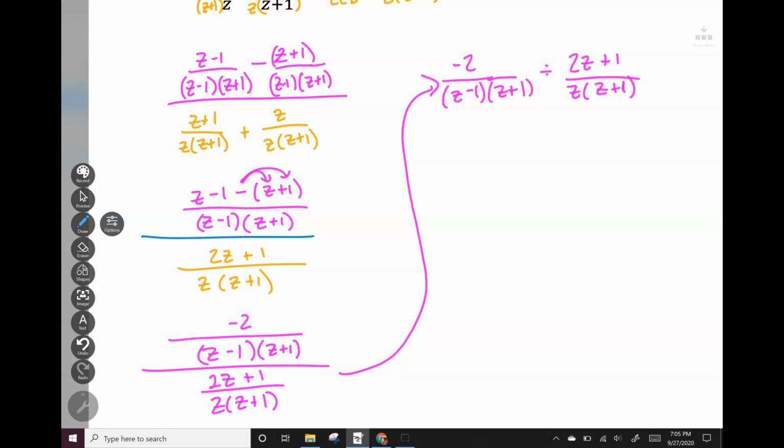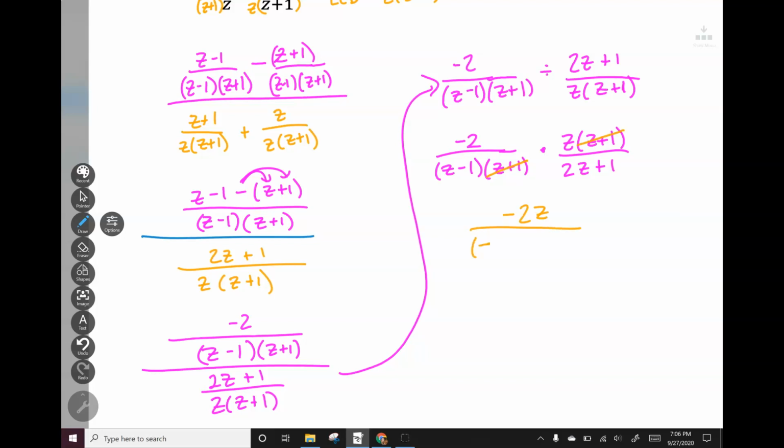We'll flip the second fraction and change it to multiplication, so times z times z plus 1 over 2z plus 1. Now we want to cancel anything that appears in the top and the bottom. That's our z plus 1.